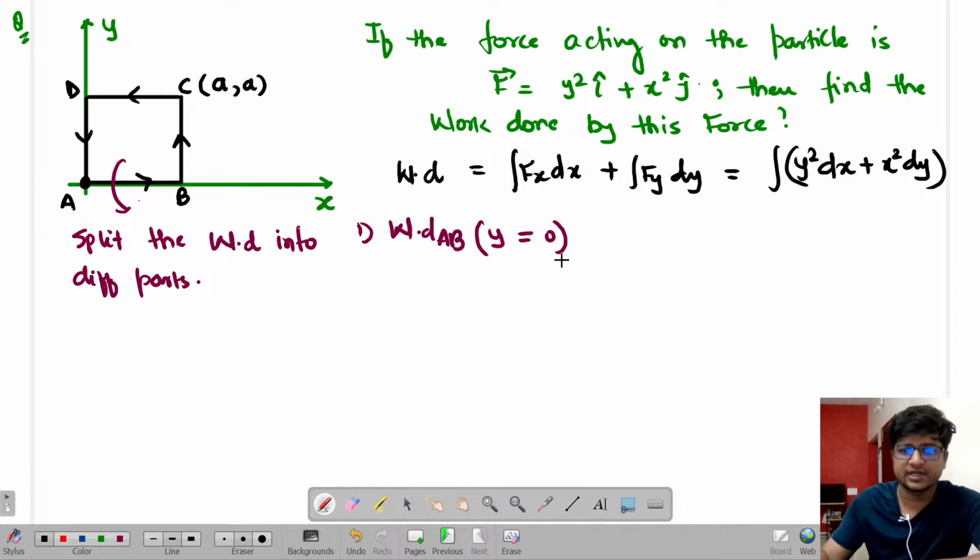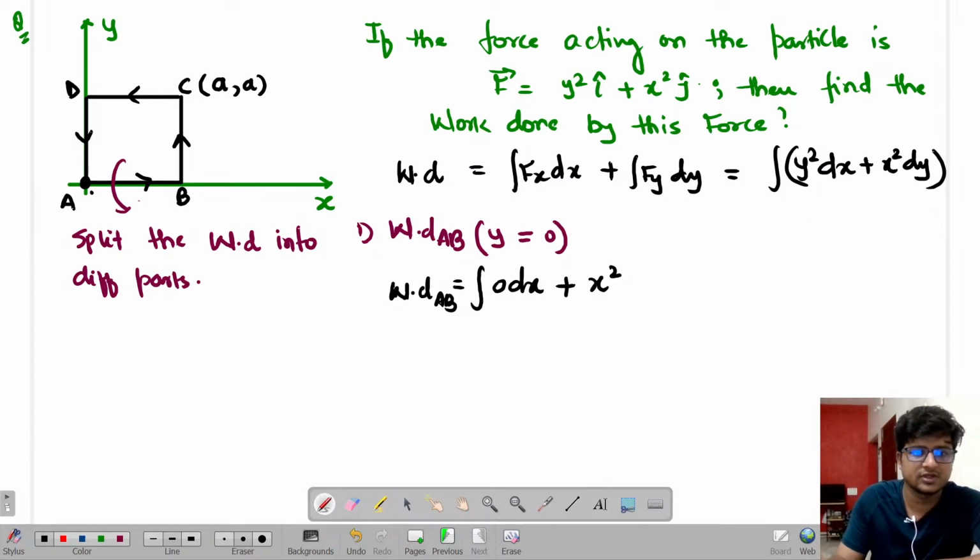So if I try to find the work done along AB, I'll get the integral as 0 dx plus x square dy.